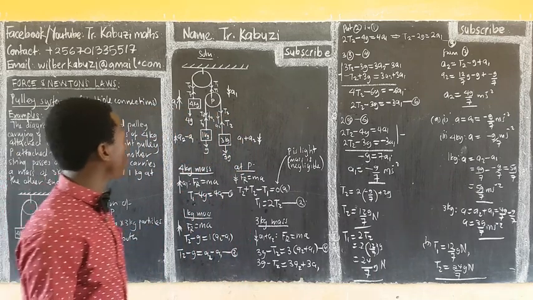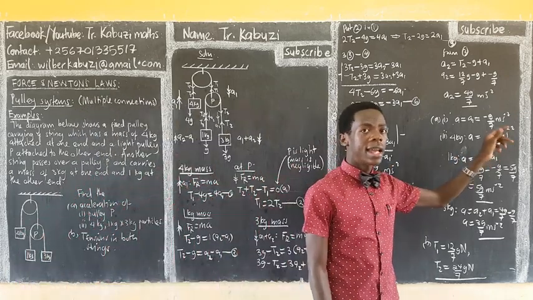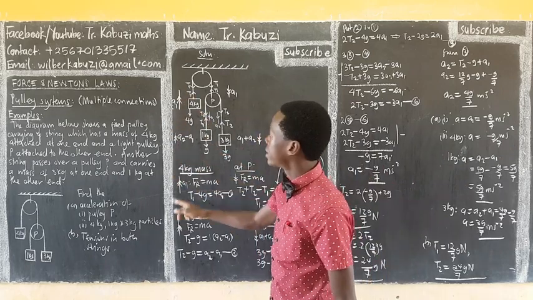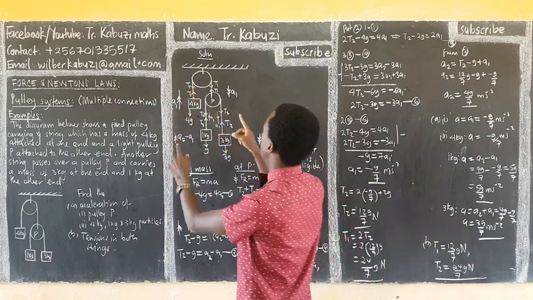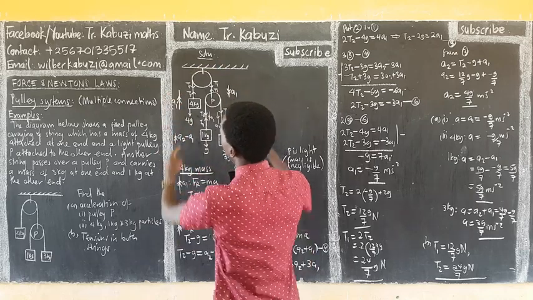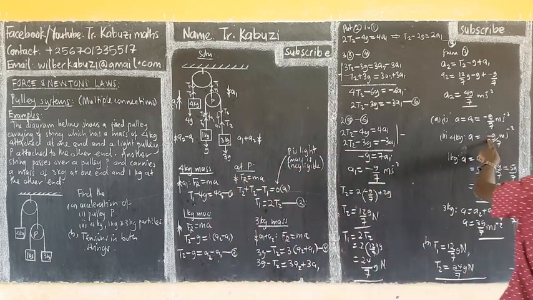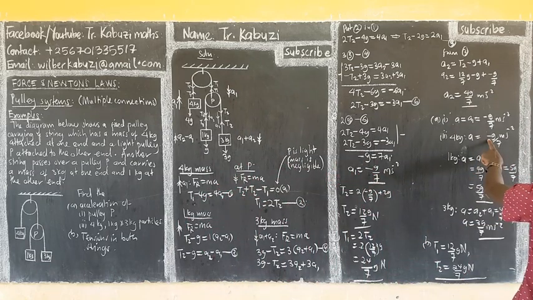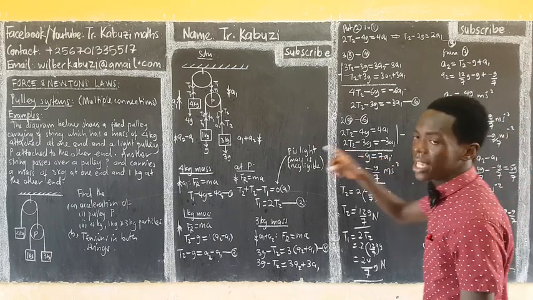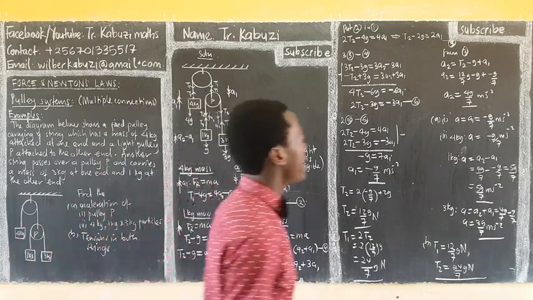I wish you well. So this negative means the acceleration is in the opposite direction to the one we had taken. So meaning that this pulley was supposed to come like this, not like this. So this one will go negative, then this will go also negative. So the direction is in that order. So that's why this acceleration is just taking you to the opposite side. Now you can put this negative just indicating the direction. But acceleration can't be negative, otherwise you say it's retarding.